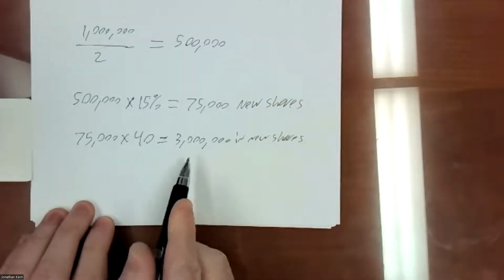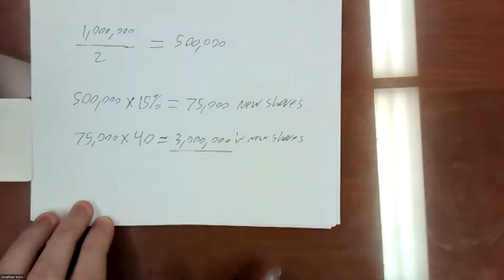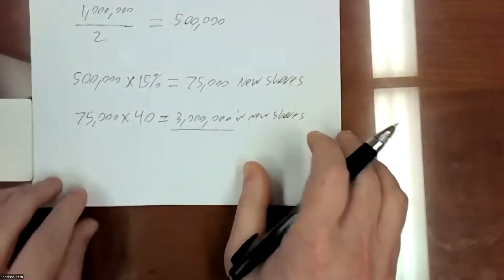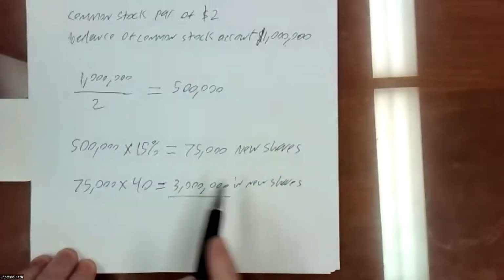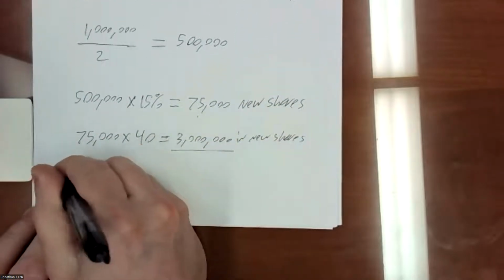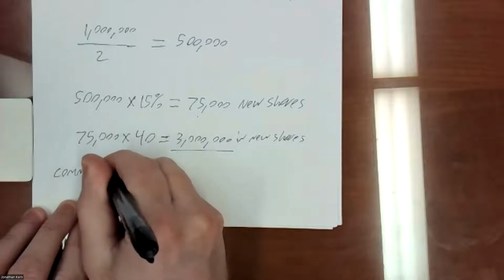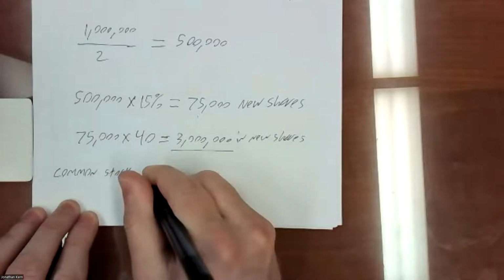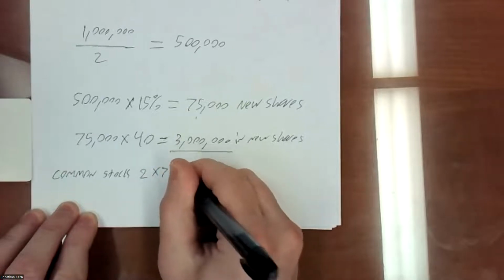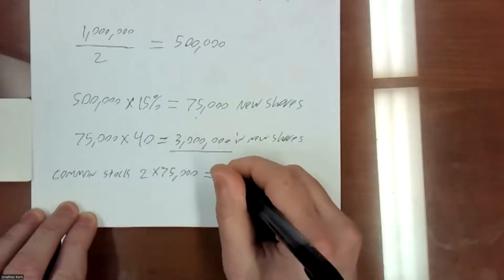Then we have to allocate this $3 million between common stock and additional paid-in capital. So we said we issued 75,000 new shares. So to find what goes to the common stock account, we take the par value of $2 and multiply it by 75,000.